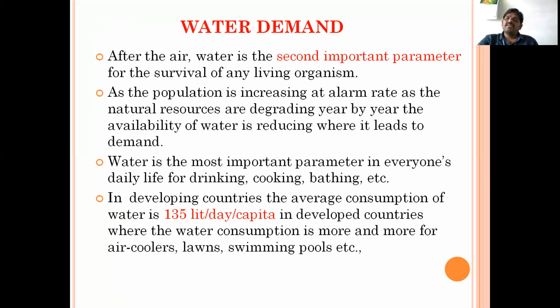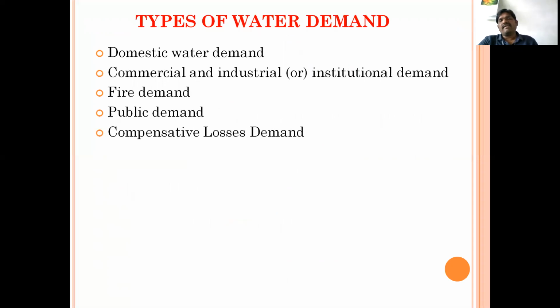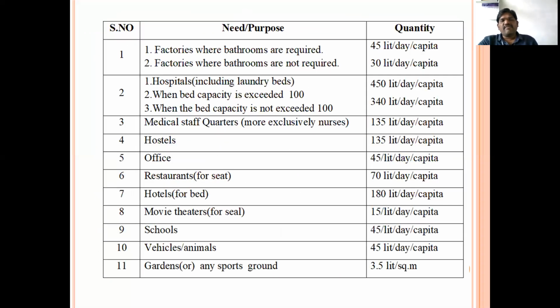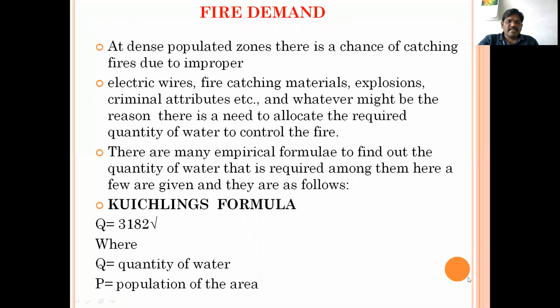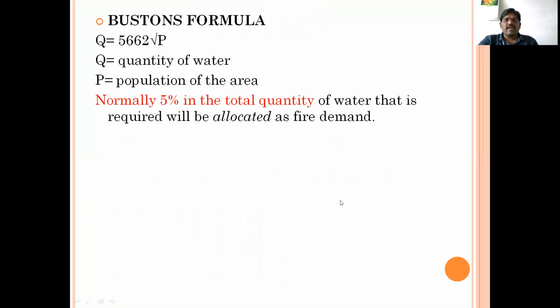There we have seen the 4 or 5 types of water demand: domestic water demand, commercial demand, fire demand, public demand. In the fire demand, you must remember these formulas, the Kuichling formula and the Boston formula, to estimate the water quantity required to control fire whenever fire accidents occur. In Boston's formula, Q is the quantity of water and P is the population of the area.